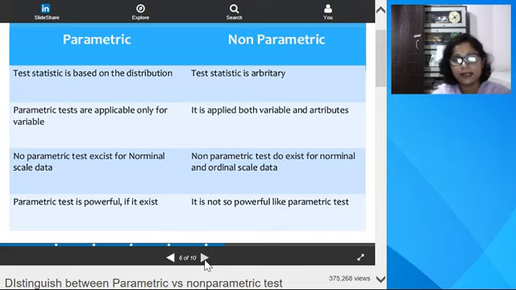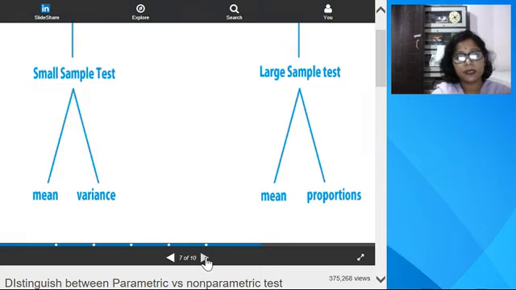So here also lies the clear distinction between these two types of statistics. So parametric tests are more powerful and non-parametric tests are less powerful in comparison to parametric tests. These are the main points of difference between parametric statistics and non-parametric statistics.